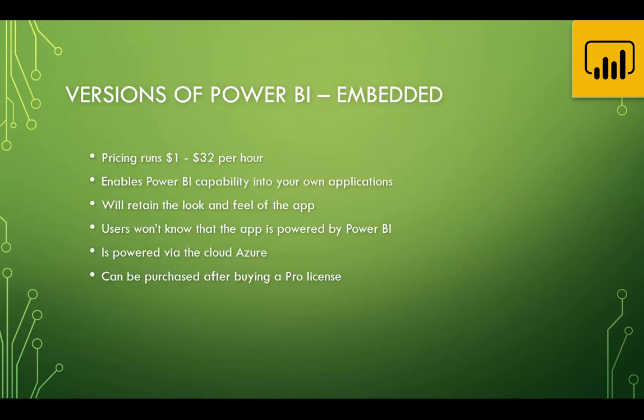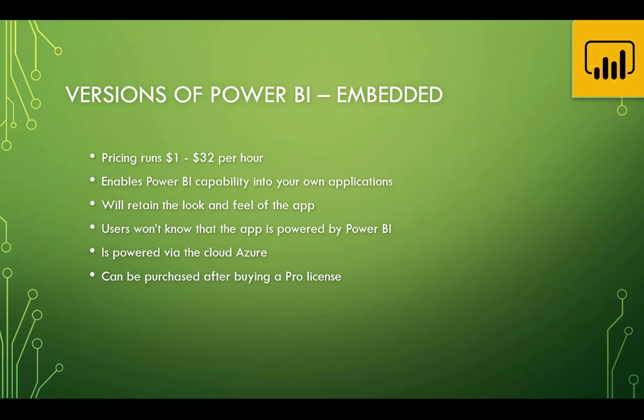Power BI Embedded is meant for mobile applications or other applications, I suppose. Its pricing ranges between $1 and $32 per hour, and it gives you the Power BI capabilities inside of your own applications. Now, your users will not see the look and the feel of Power BI.